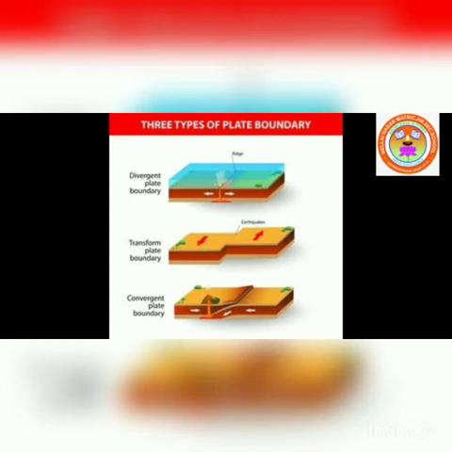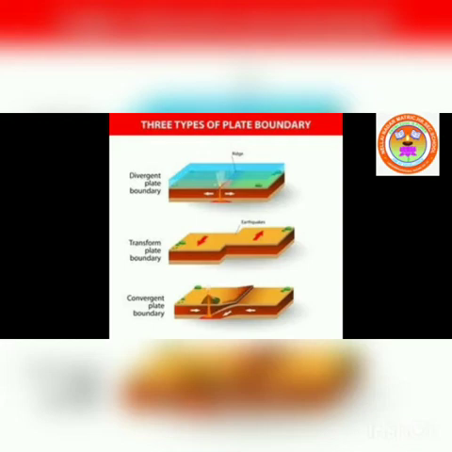Now the types of plate boundaries. Three types are there: divergent plate boundary, transform plate boundary and convergent plate boundary. What is a convergent boundary? Here the plates move toward each other and sometimes a plate sinks under another.